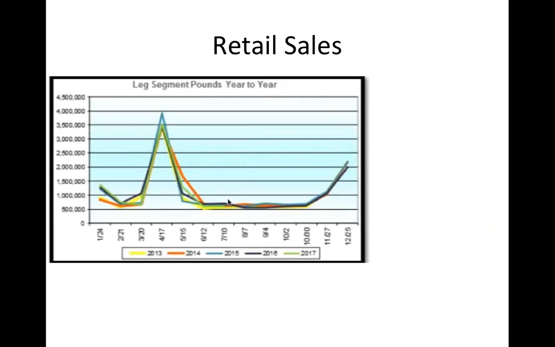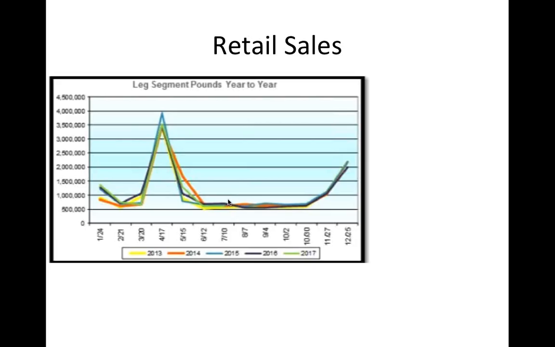But within a lamb, they don't eat the whole lamb in these different chains. We have to look at cut by cut. So if we look at the leg sales throughout the year, it has a huge spike around Easter. Just looking at the left side, which is pounds of lamb sold in retail, you notice that in January, February, March, leg sales are around 1 million pounds.